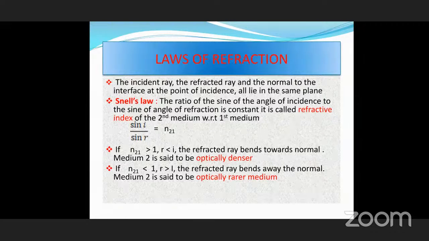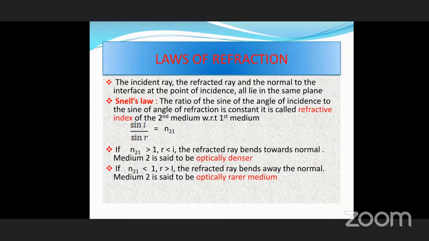This is also known as Snell's law. This was observed by a scientist, whose name is Snell. According to his observation, he gave this law. What is the relation in reflection? Angle I is equal to angle R. But in case of refraction, the ratio of the sine of the angle of incidence to the sine of the angle of refraction is a constant whenever the transparent medium is a fixed one.